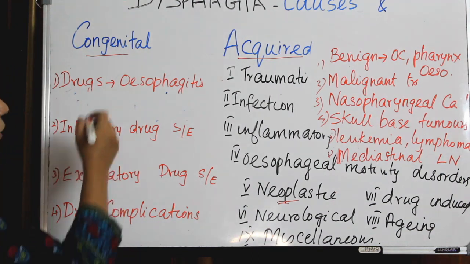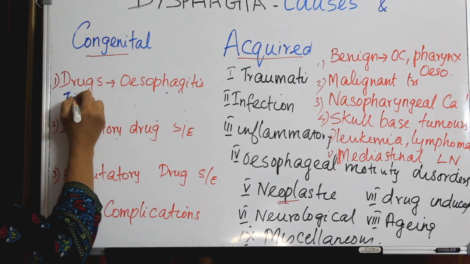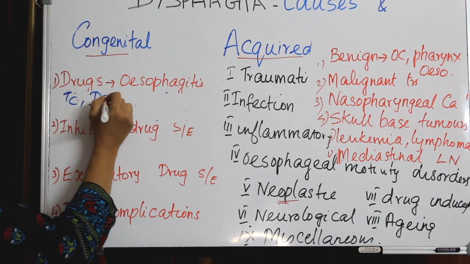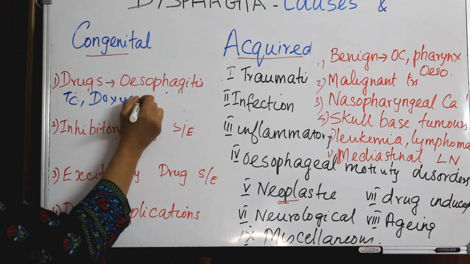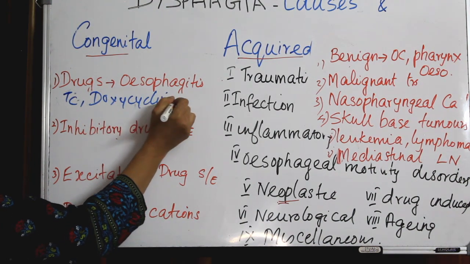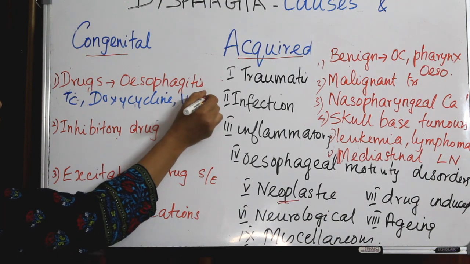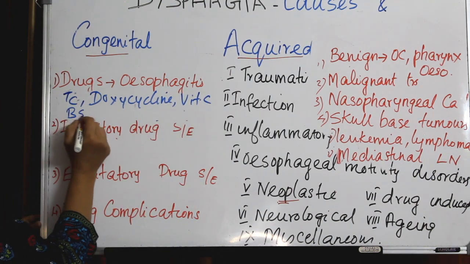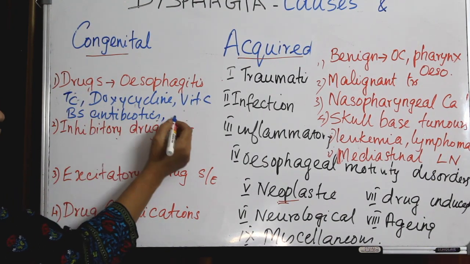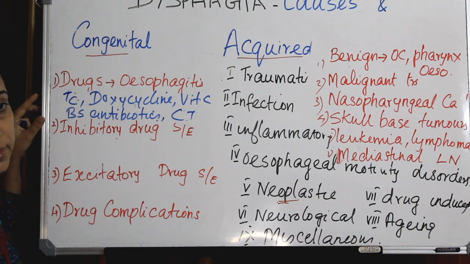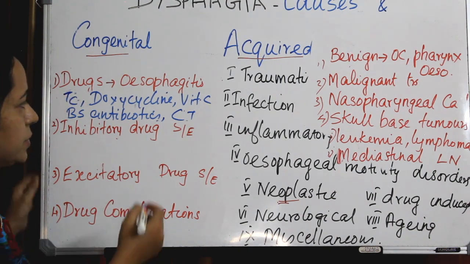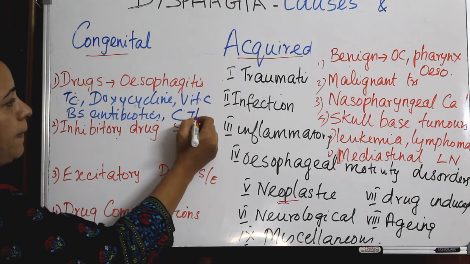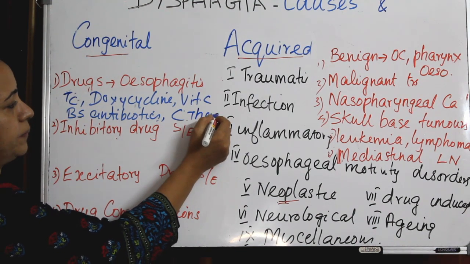The drugs mainly causing this are tetracycline or doxycycline, or vitamin C, or broad spectrum antibiotics or chemotherapeutic agents. All these are known for causing esophagitis.